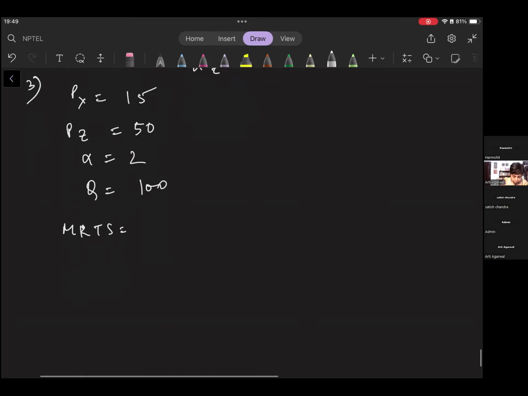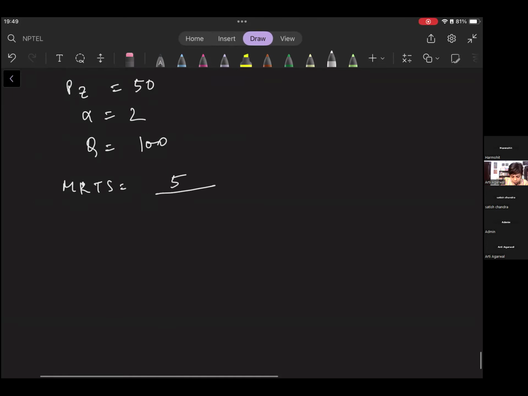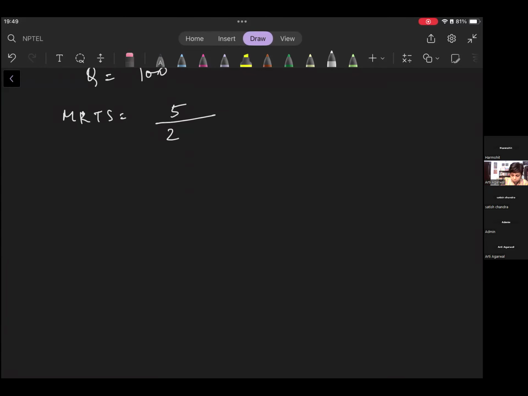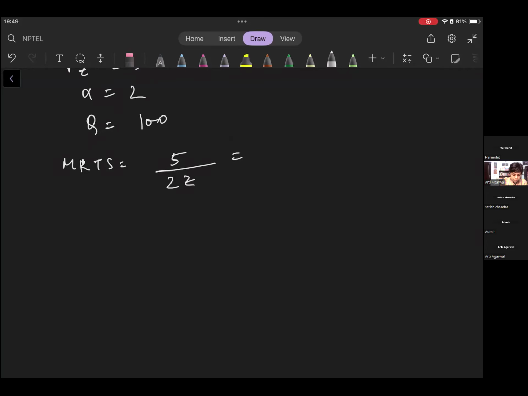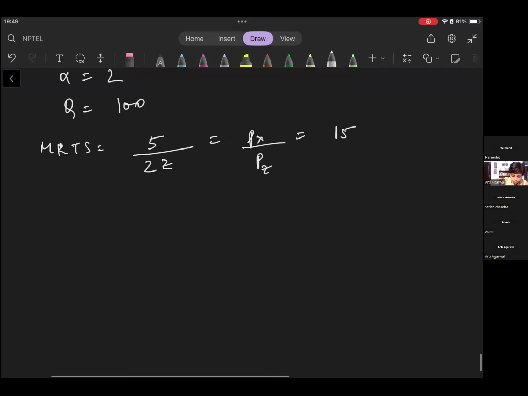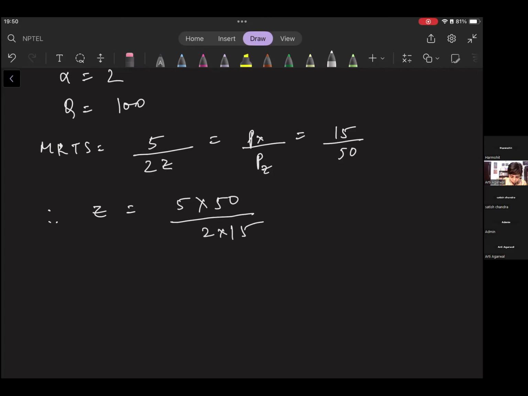Just plug in the value of alpha as given. 5 by 2 Z is equal to Px by Pz, right? Px by Pz is 15 by 50. Now you can just simplify the value of Z from here itself. Actually, you don't need to do anything else. This becomes 3.